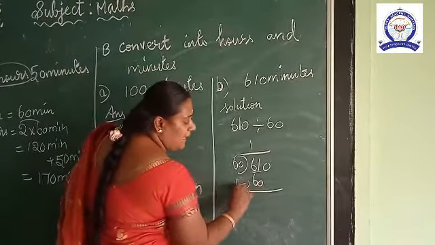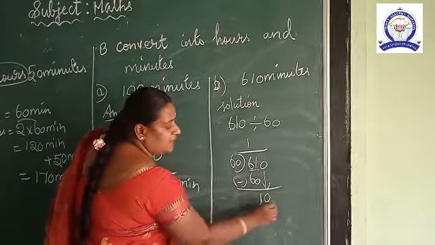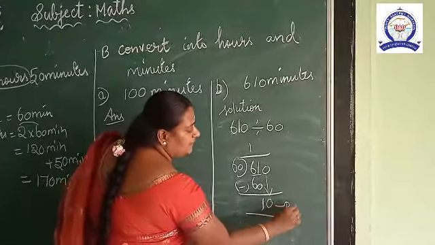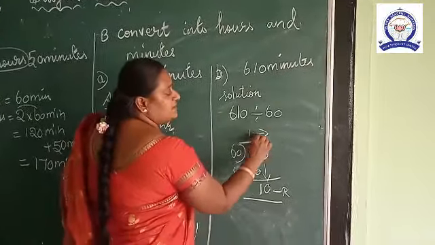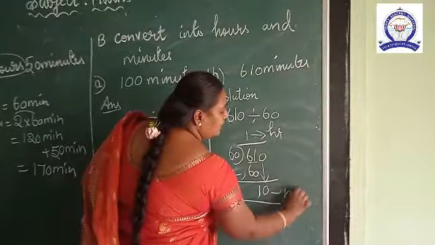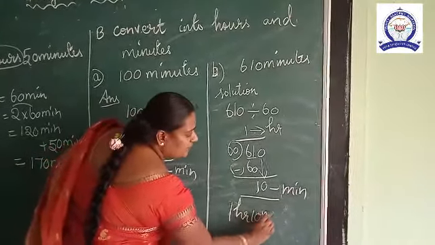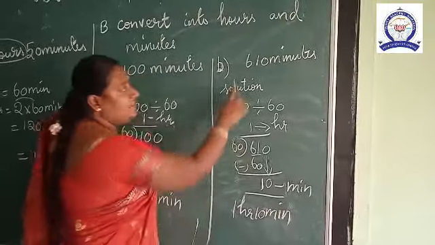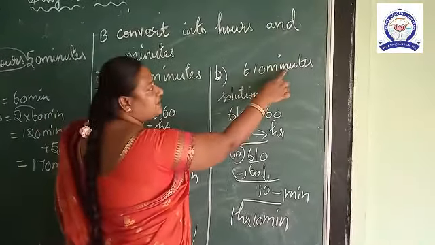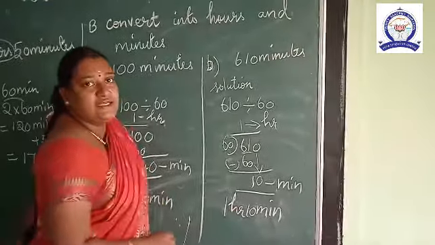So 70 minus 60 is 10. This is the remainder. So 1 hour, this is hour. Remainder is minute. So the answer is 1 hour 10 minutes. That is 1 hour 10 minutes is the answer.